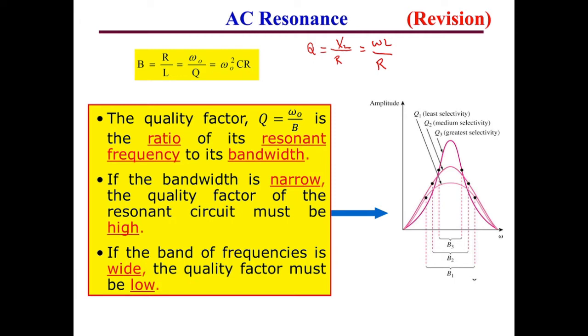Because the quality factor is XL over R, or XC over R, and XC is equal to 1 over omega C.